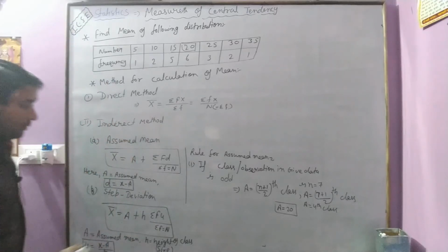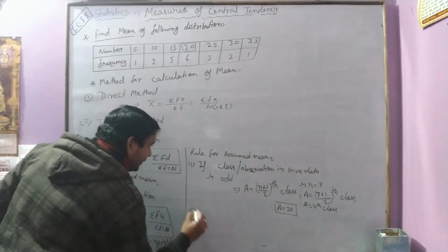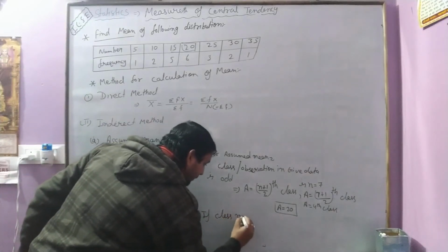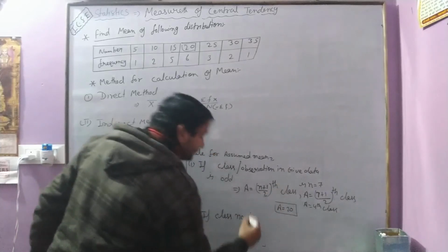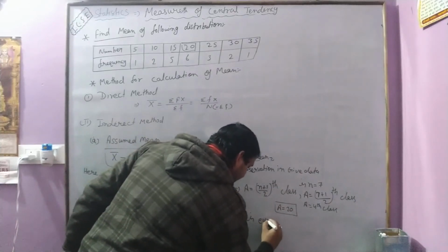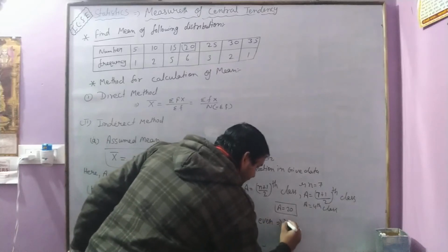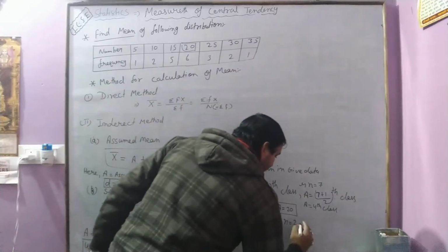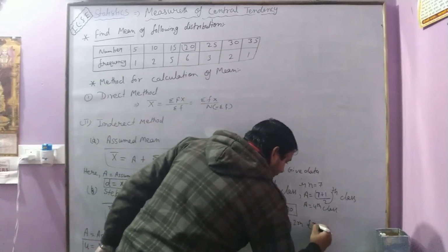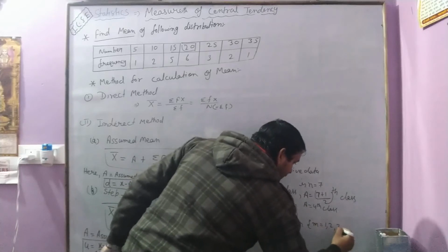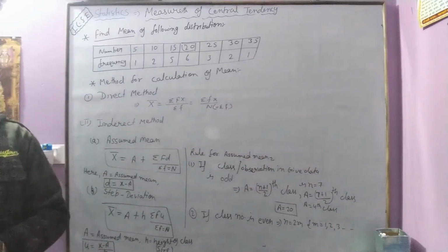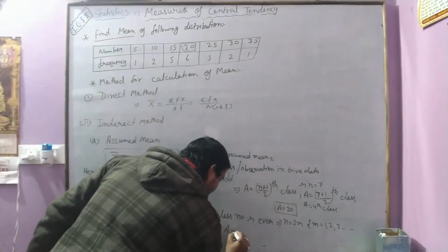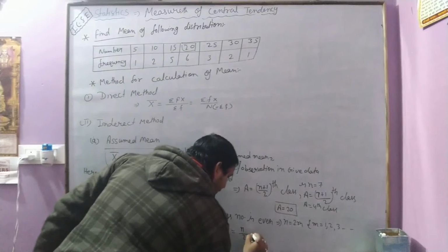And for second type, if class number is even, that is n is equal to 2m, where m is 1, 2, 3 etc., which means 2, 4, 6, 8 etc. Therefore assumed mean is n by 2 class.